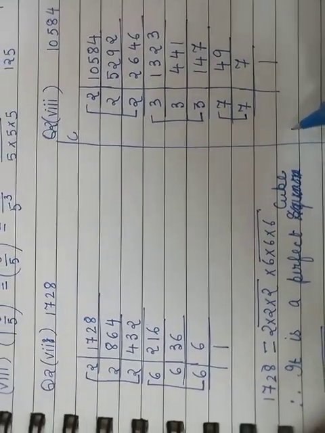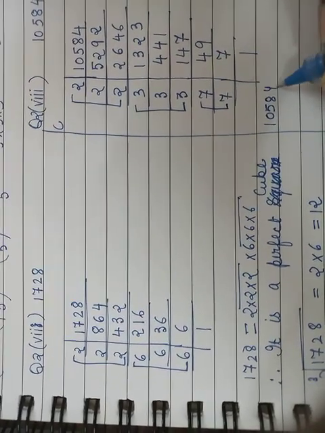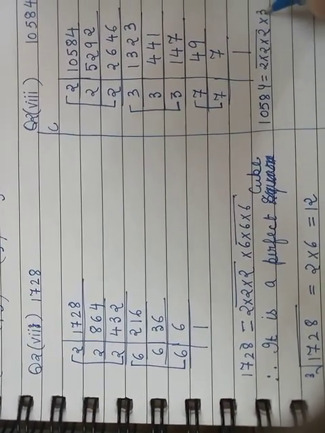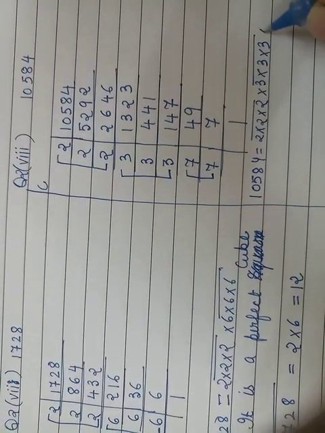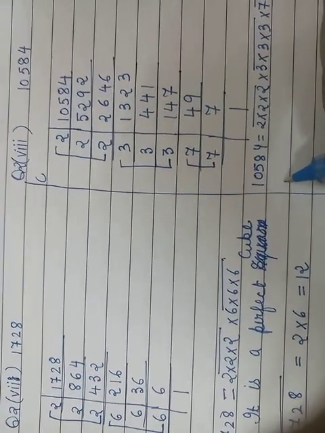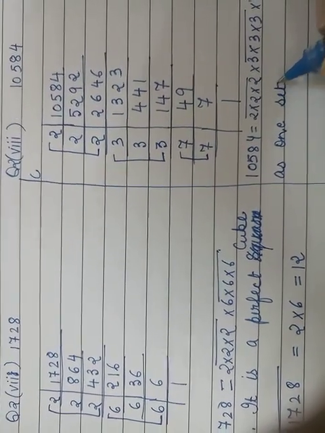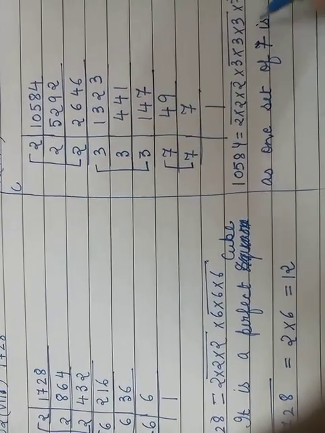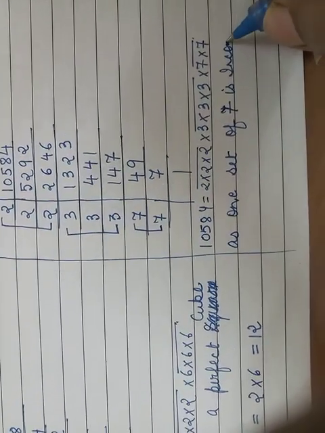So write the prime factorization of 10584. That is 2 into 2 into 2 into 3 into 3 into 3 into 7 into 7. The set of 7 is incomplete.